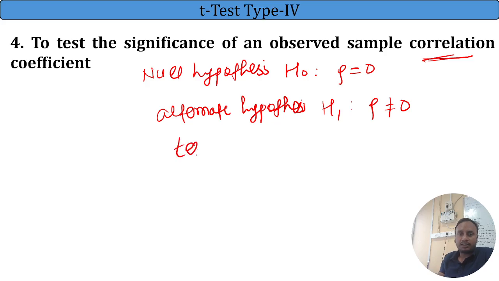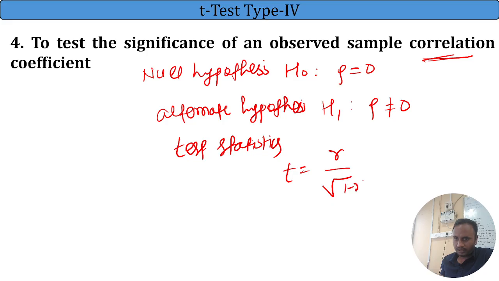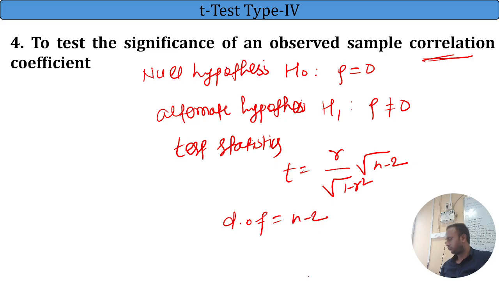Here the test statistic will become t equal to r root under 1 minus r square, root under n minus 2, and the degree of freedom will be n minus 2. The idea is that we get the correlation coefficient value from the formula, and then get the t value.